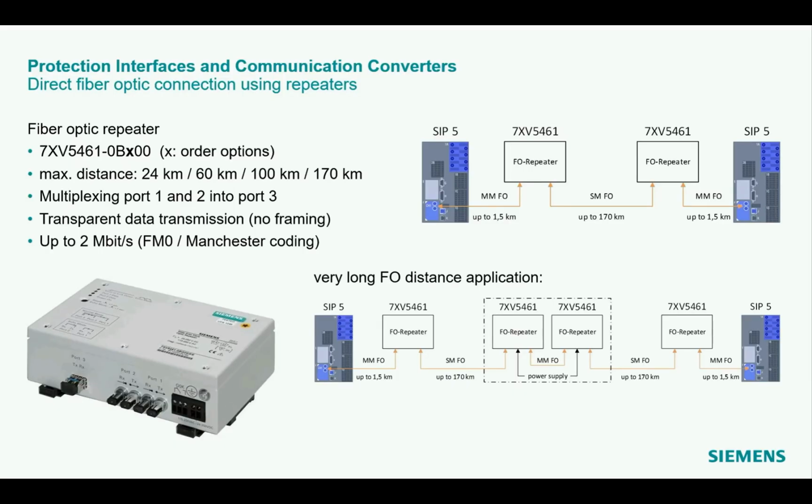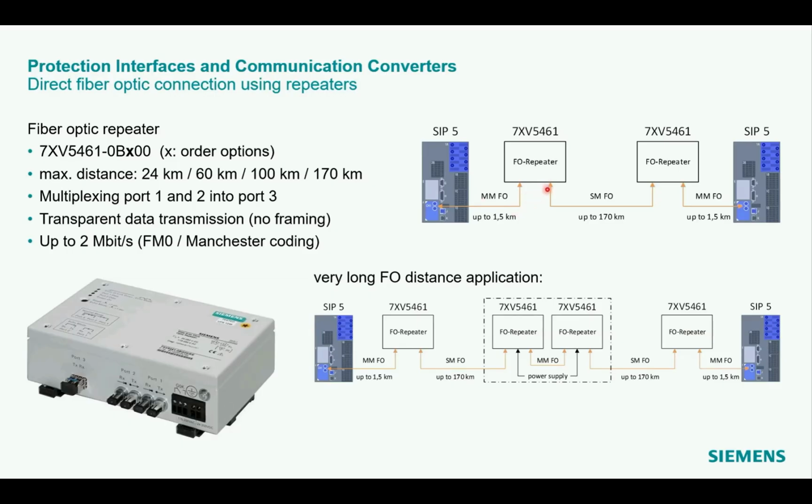The fiber optic repeater multiplexes port 1 and port 2, which are the two fiber optic ports running at 820 nanometer, into port 3, which is an SFP for the long distance fiber optic distance to bridge. We have a CPROTEC 5 device or CPROTEC 4 device, and you connect this to the fiber optic repeater using multimode fiber optic of up to 1.5 kilometer.